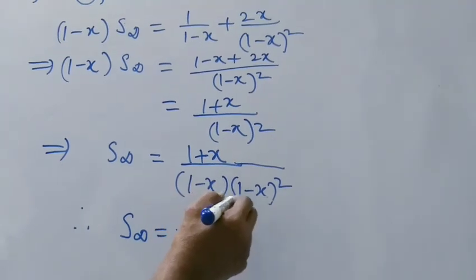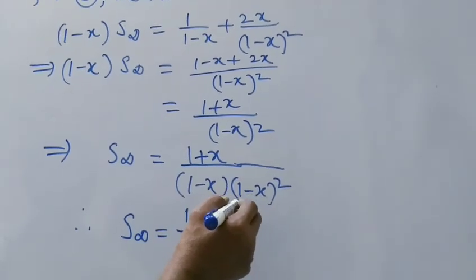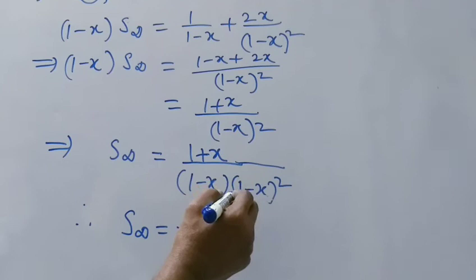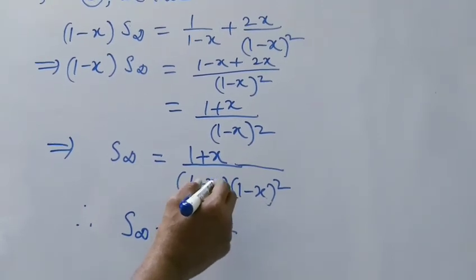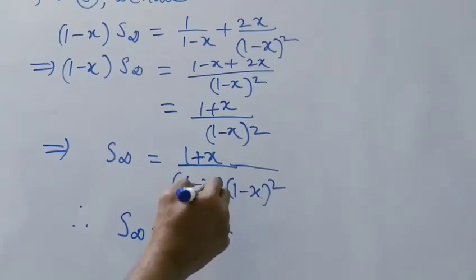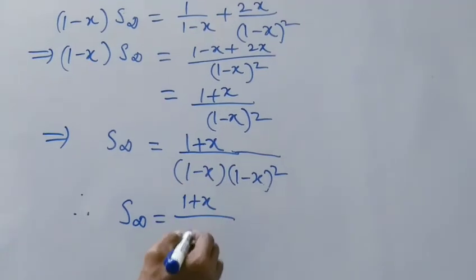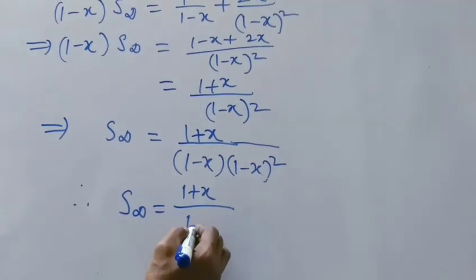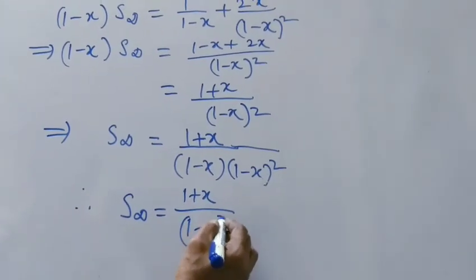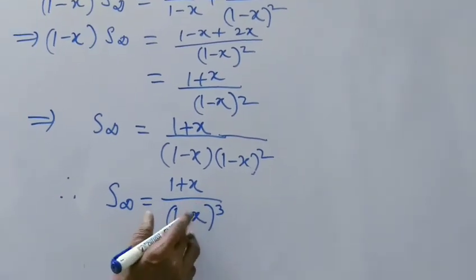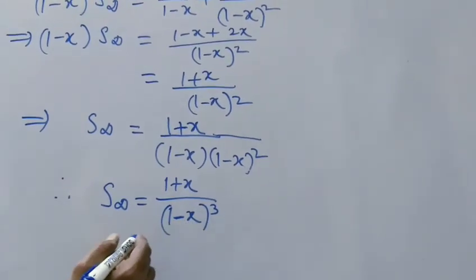A to the power of m into a to the power of n becomes a to the power of m plus n, so (1 minus x) to the power of 1 plus 2 becomes (1 minus x) whole to the power of 3.